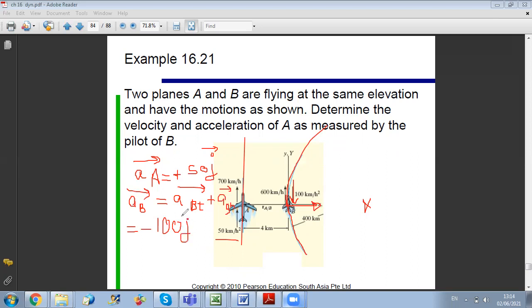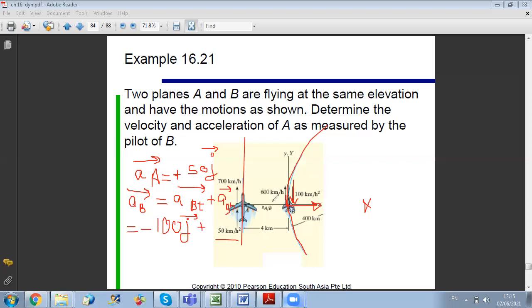Now concerning AB normal, how to calculate AB normal? Which formula we use? V squared over rho. Yes, very good.